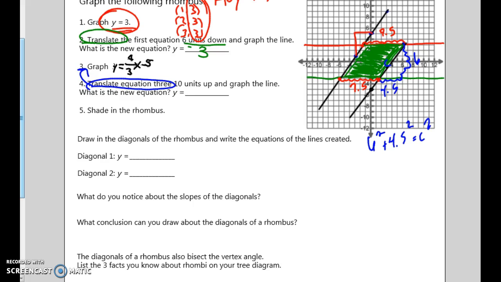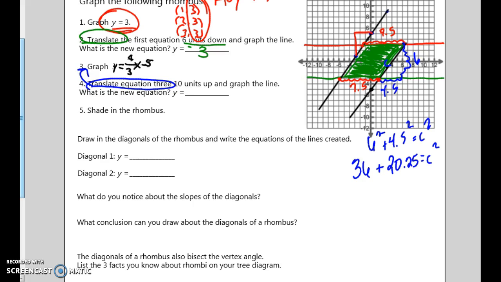What's 6 squared? 36. What's 4.5 squared? Well, 4 times 4 is 16, so it's got to be bigger than that, right? So somebody in their calculator, 4.5 squared, what do we get? 20.25.